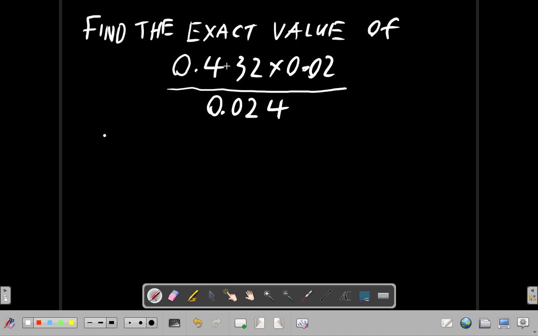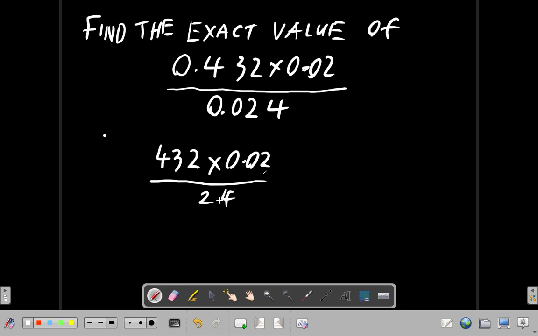If we multiply both numerator and denominator by 1,000, what we would get is 432 times 0.02 divided by 24. That is what it would become.